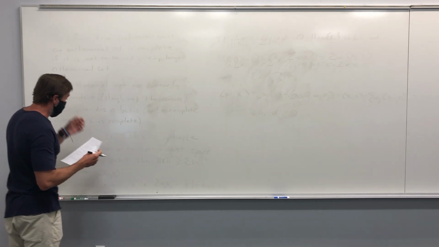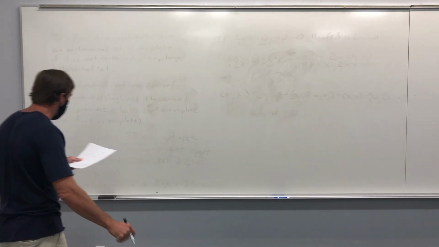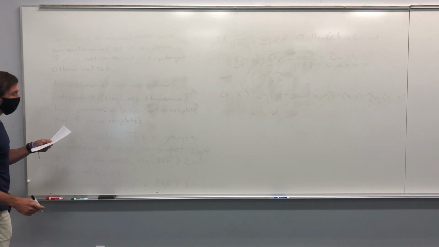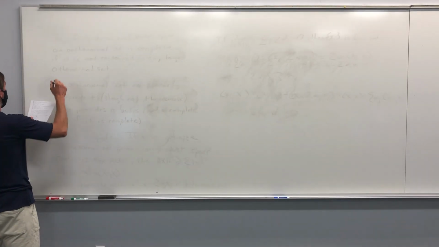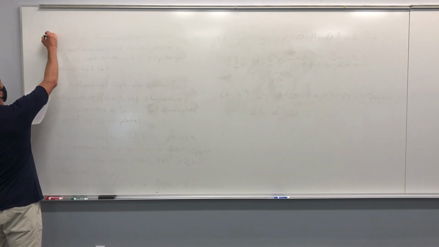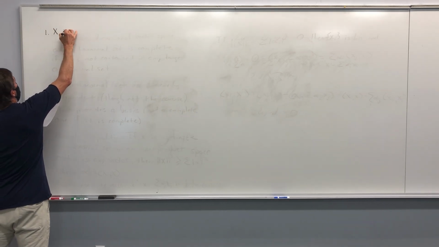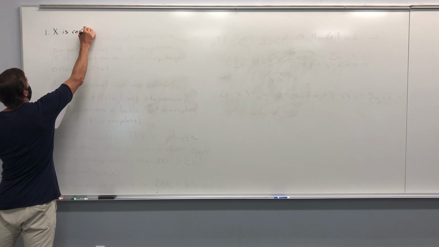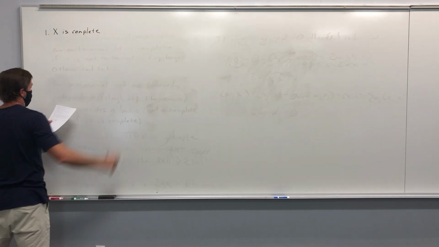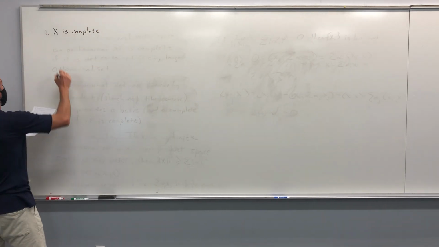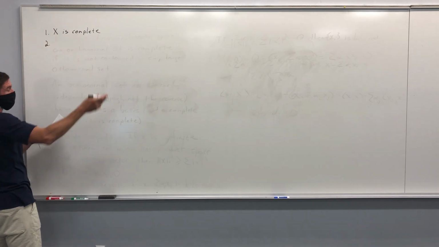So, when do we know if our set X is an orthonormal basis of V? Any of these will work. 1, if X is complete. Okay, that should hopefully be obvious by our previous definition of complete.